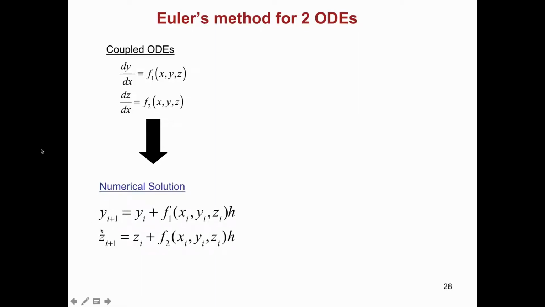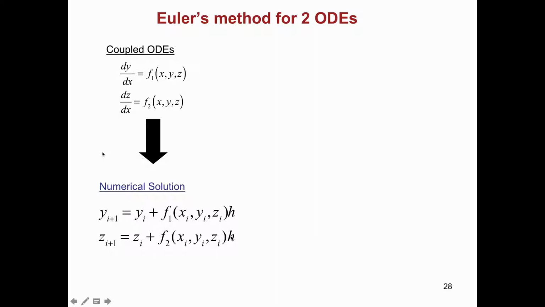My new value y_{i+1} starts from the previous value, and this is Euler's method: the first function f1 of whatever previous step solution I have, times h. And z_{i+1} is z_i plus f2 of this times h.